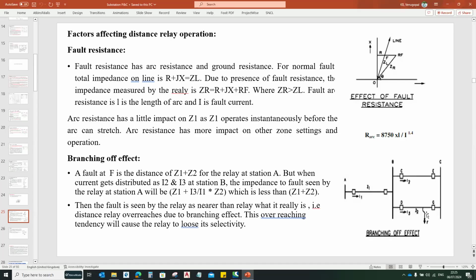But when the fault happens here and the circuit breaker is tripped, because of this parallel impedance it will also affect the Z parameters in this line, so the protection may mal-operate when the fault is beyond its zone. That is the reason nowadays, instead of going with 80% selection for zone 1, they go with 75%. The 5% is reduced because of this branching effect.